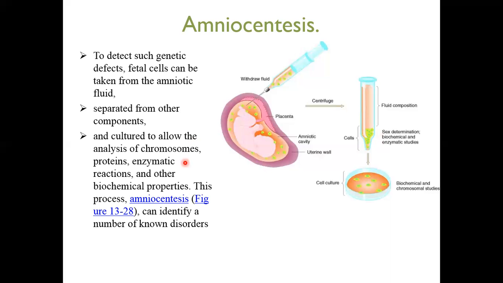After the culturing of the cells, the analysis of chromosomes, proteins, enzymatic reactions, and other biochemical properties can be checked. This process is known as amniocentesis because we are performing it on the basis of amniotic fluid, and it can identify a number of known disorders.